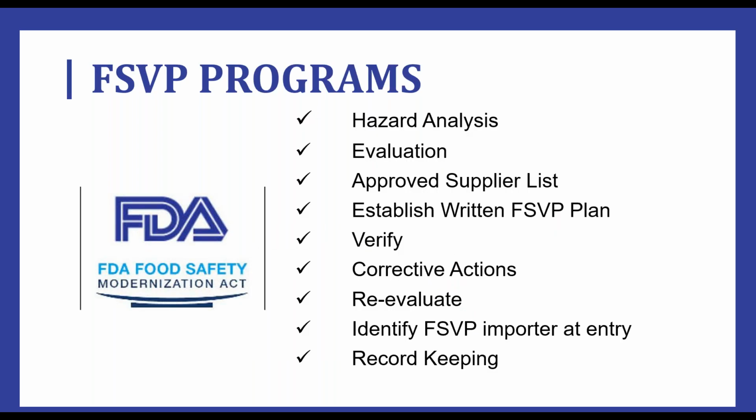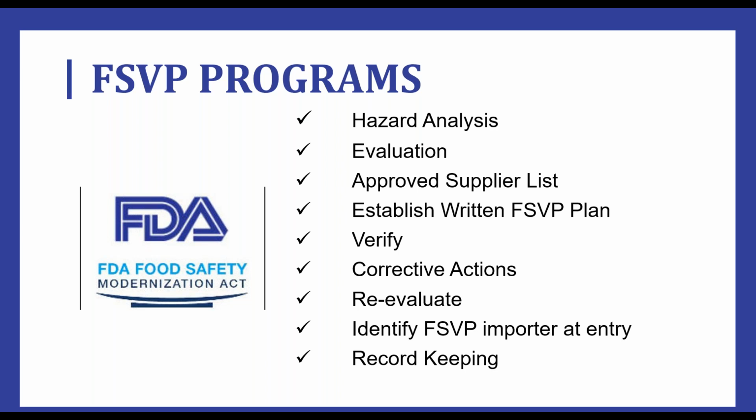So supplier performance fits in around the evaluation and the hazard analysis. When you're going through this process, you're looking at the product and conducting a hazard analysis. I'm going to give you a little tutorial on FSVP for a second. The hazard analysis looks at all of the probable hazards that might happen around the food that is being imported.